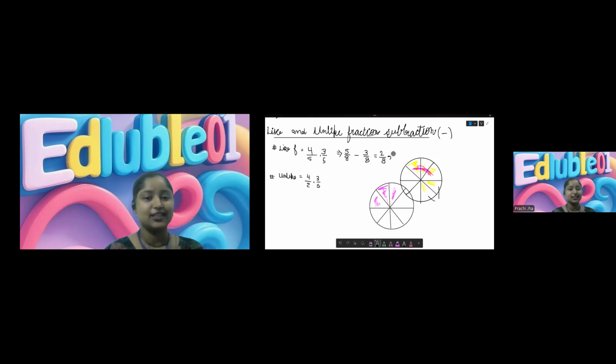Let's see one more example. Let's say we have 9 over 11 take away 3 over 11. You just need to take away 3 from 9 because the denominator is the same, so it remains 11.